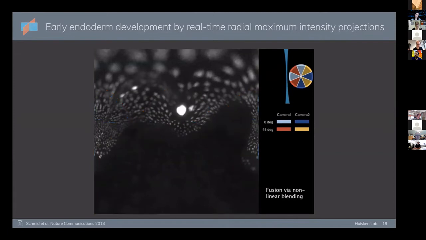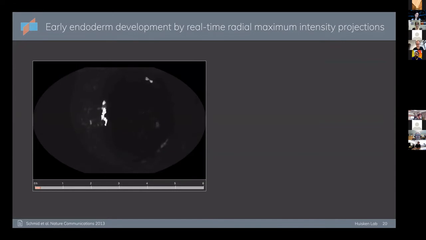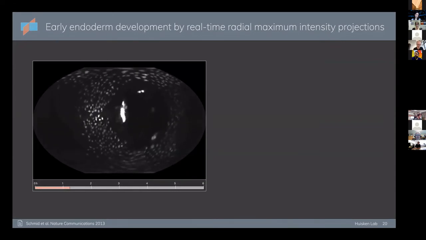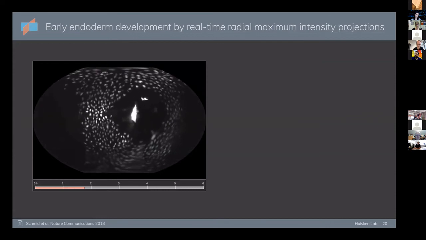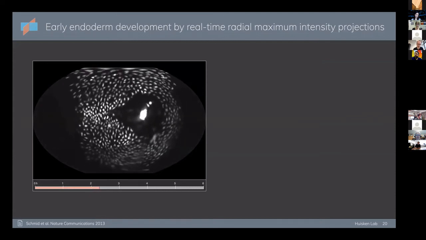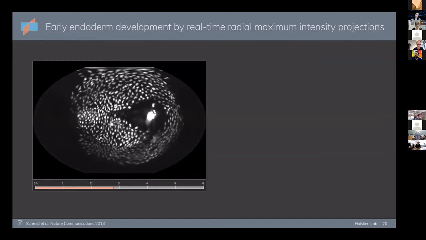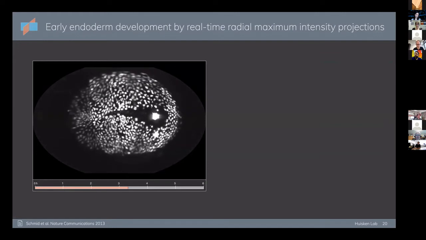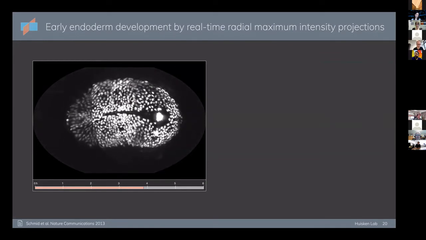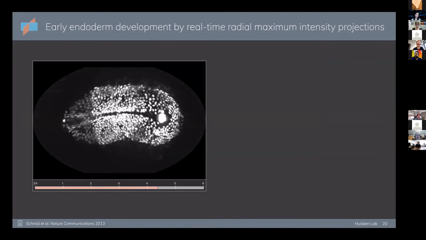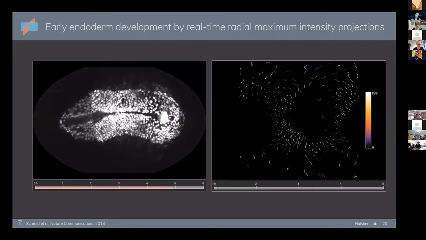So we are throwing away pixels that we don't care about and generate this Mercator projection on the fly as we're taking the data. So what this means is that at the end of the time lapse, you don't have 4D data, but instead you only have a little QuickTime movie that shows you this projection of the entire embryo like a world map, and you can very nicely visualize the migration of these endodermal cells.